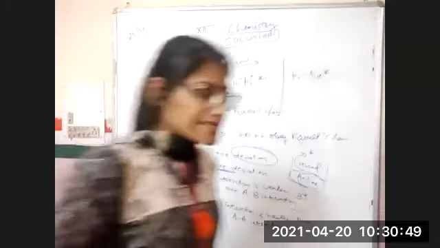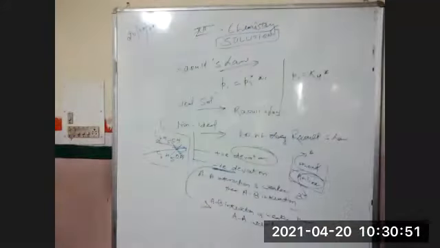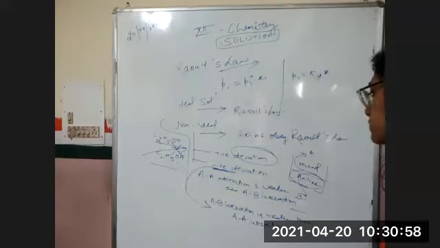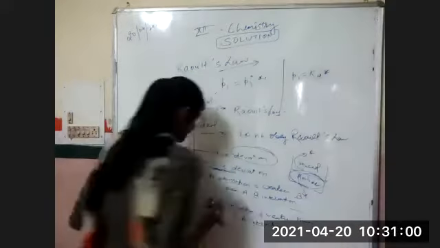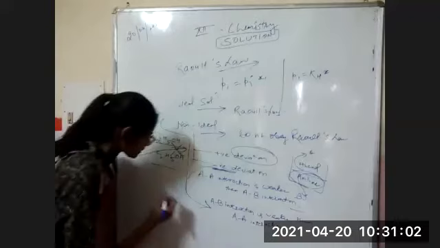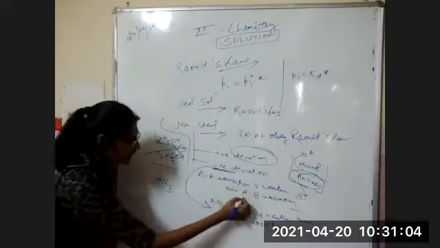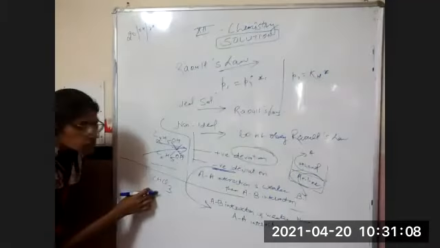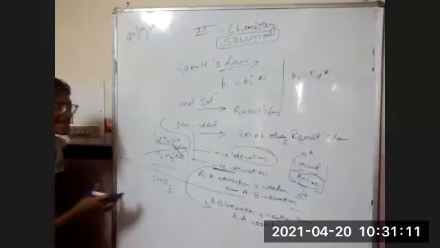And if I would clarify it with the help of an example, I would take an example of chloroform and acetone. Let me have chloroform. This is of positive deviation, the upper one, and this one is for negative deviation. We have taken chloroform, that is CHCl3.